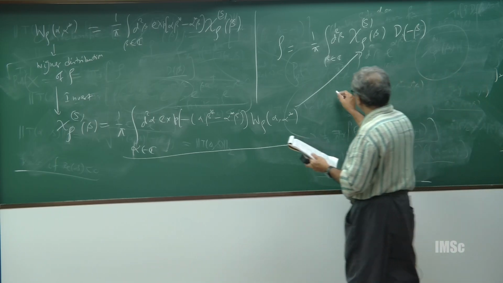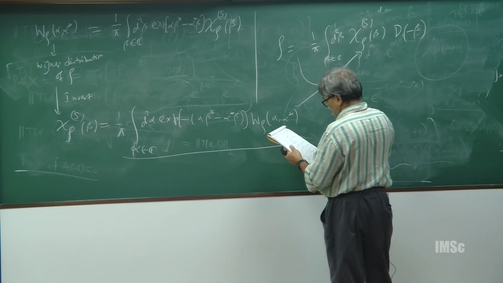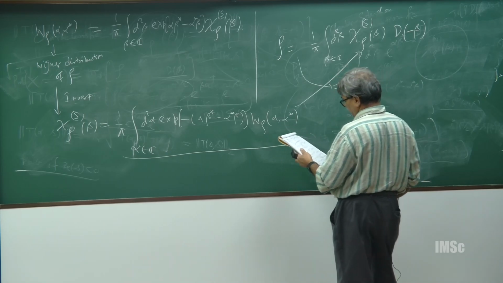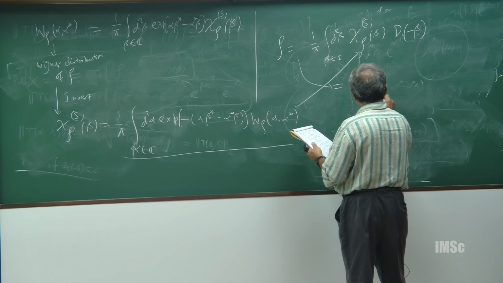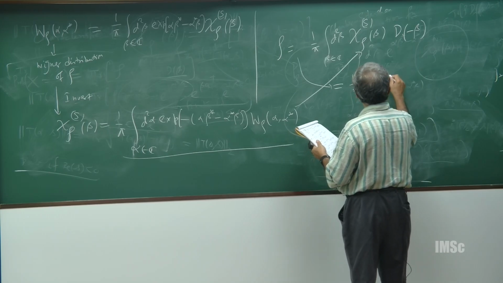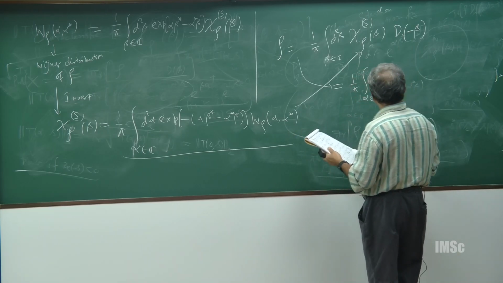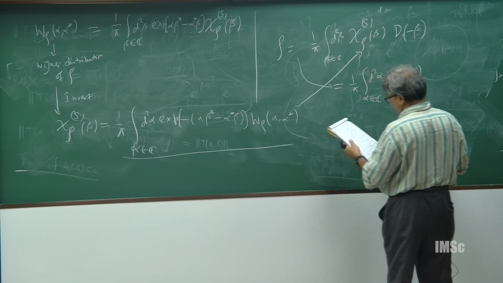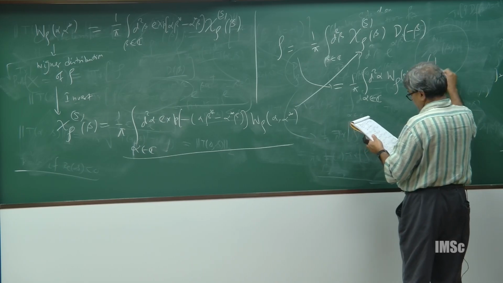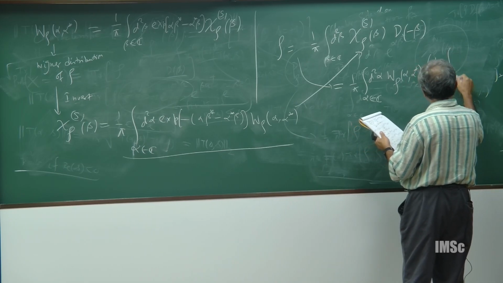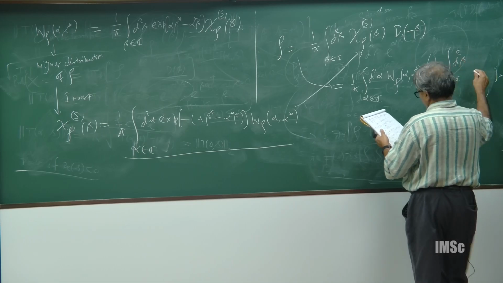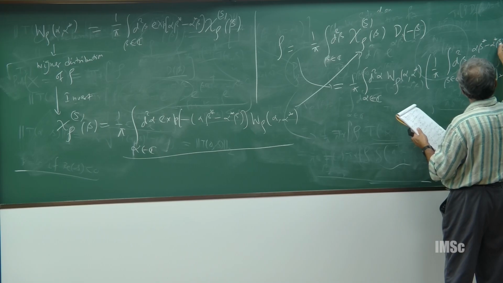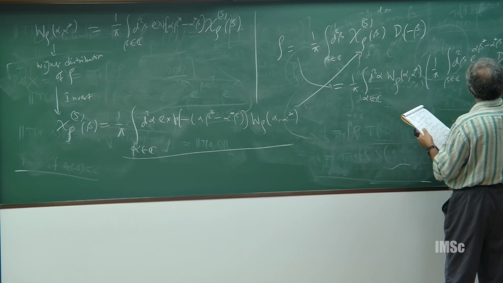So, what you will get is this one is equal to 1 upon pi integral over alpha belonging to C, d square alpha, W rho alpha alpha star, then 1 upon pi integral over beta belonging to C, d square beta, e to the alpha beta star minus alpha star beta, D of beta.